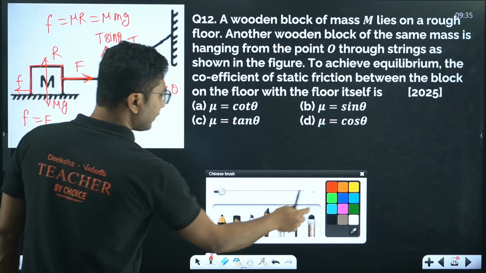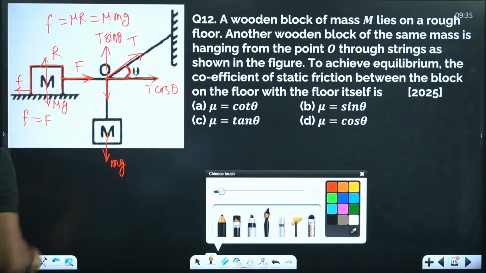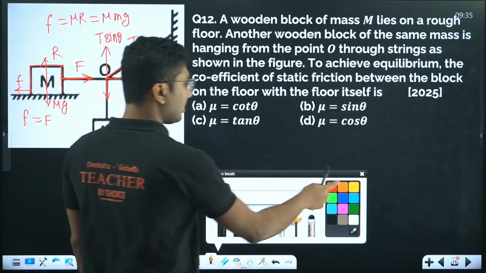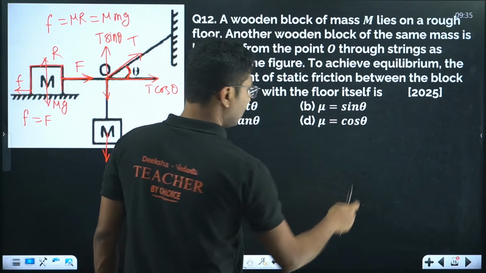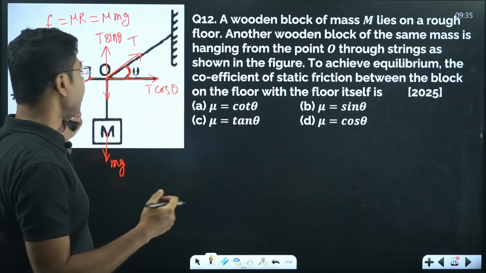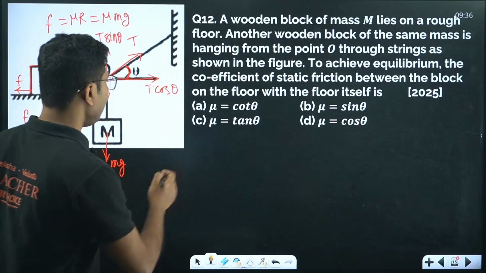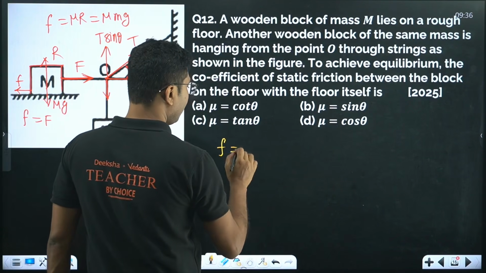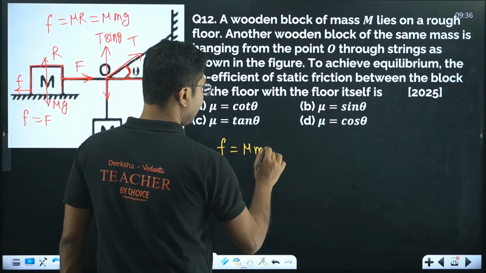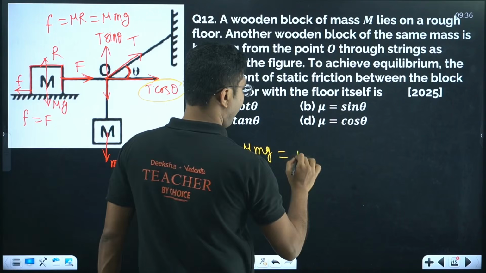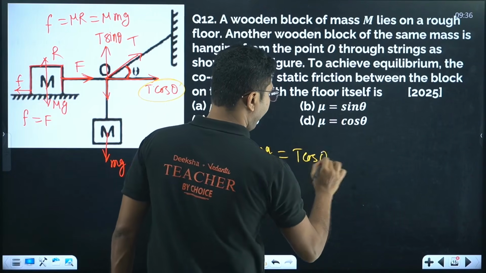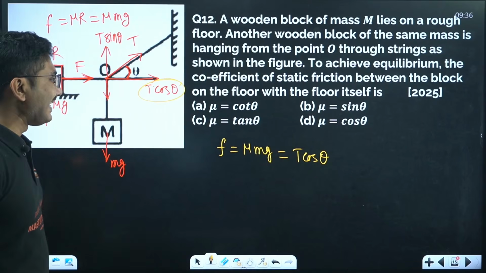So if these two forces are equal, then the object must be in equilibrium. First of all, the force of friction is mu mg, and that should be equal to T cos theta.